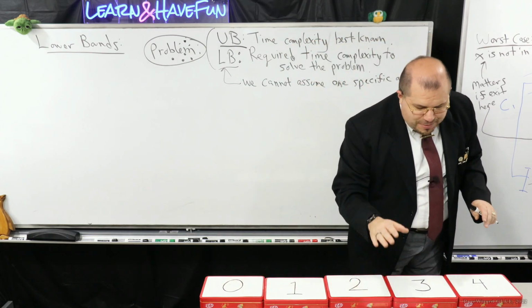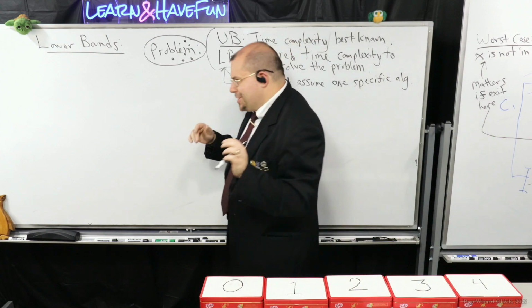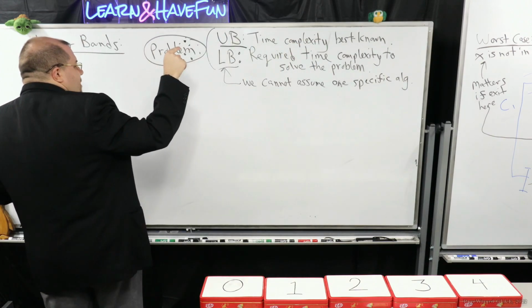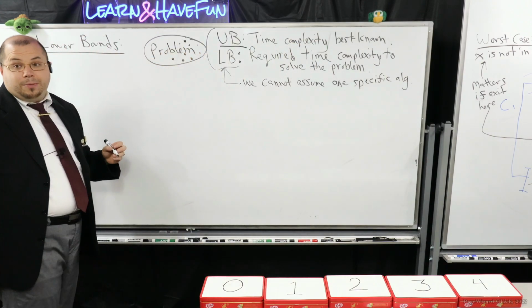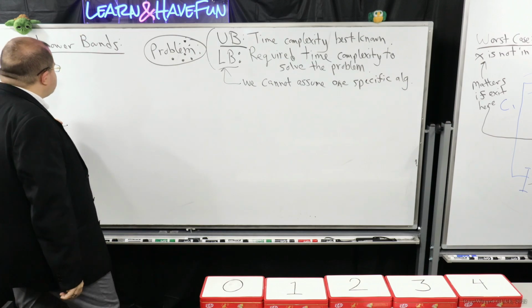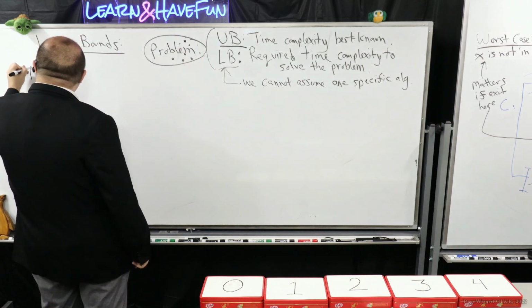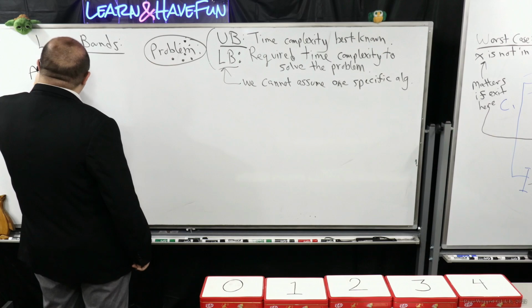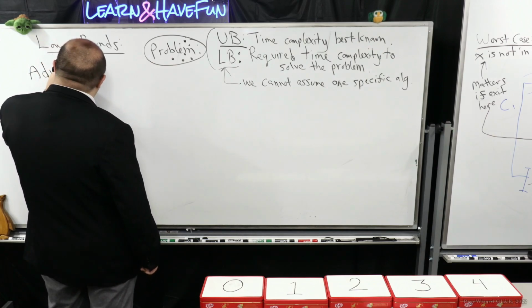So this brings me to what we're going to talk about here. We want to establish a lower bound for the search problem as we defined it previously. One way to do this is by using what we call an adversarial argument.